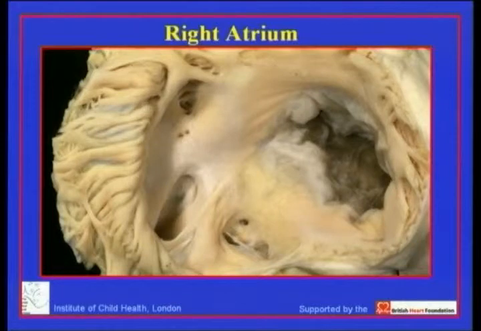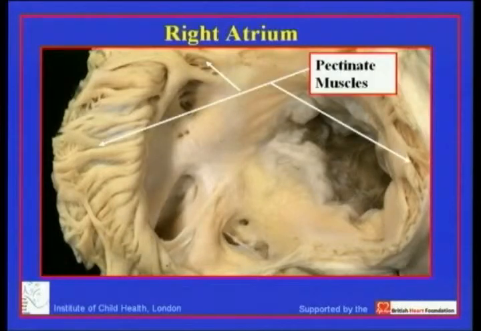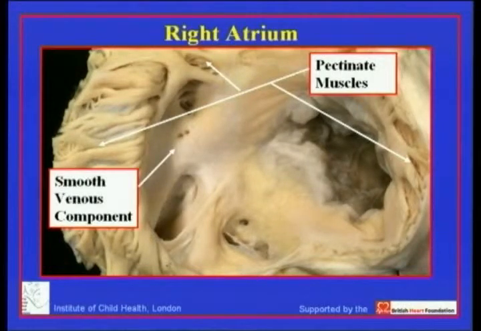And then if we look inside the atrium by making a cut parallel to the atrioventricular groove, reflecting away the anterior wall, now beautifully you see these pectinate muscles, you see them originating from the terminal crest, you see them extending out in parallel fashion, and when you look here at the cut part adjacent to the atrioventricular junction, you see how the pectinate muscles are encircling the orifice of the tricuspid valve.